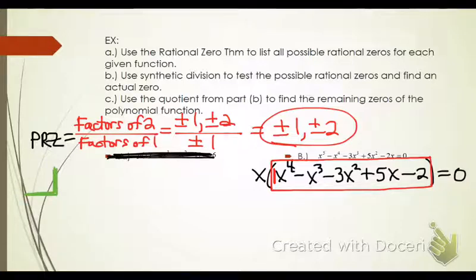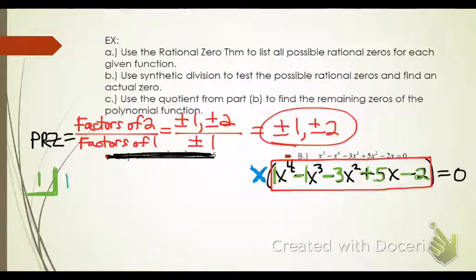So if I look at my x-intercepts, I know that one of them is 1. I'm going to use the coefficients of the x to the 4th function. I'm not going to do anything right now with this x that I took out, but I will come back to that.